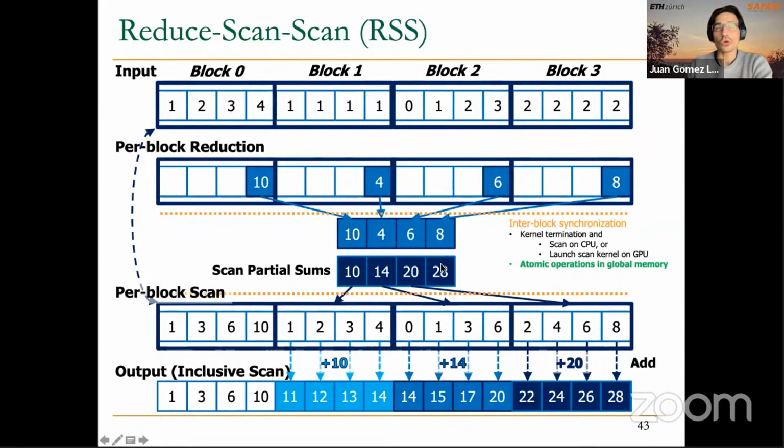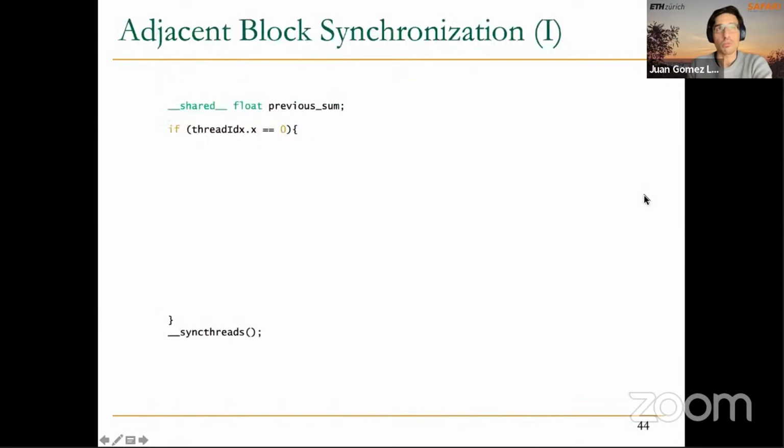So in order to do so, what we can do is merge these 3 kernels into a single one and have threads in each block using atomic operations to synchronize with threads in other blocks. And this is what we call the adjacent block synchronization.